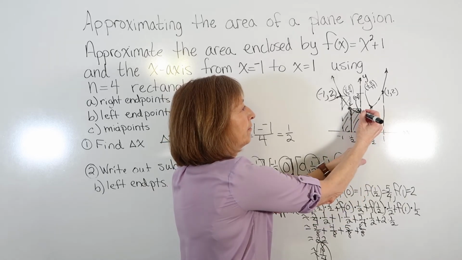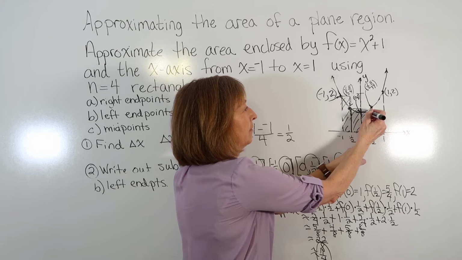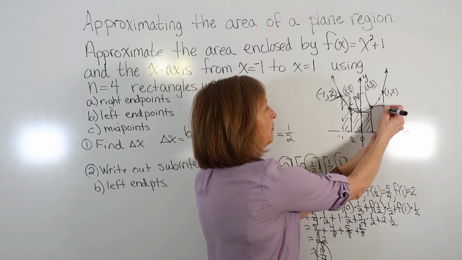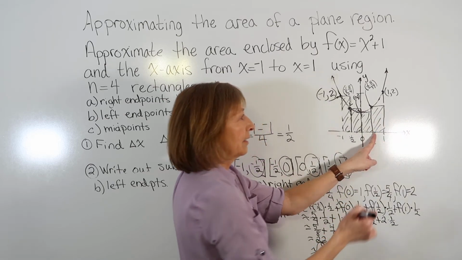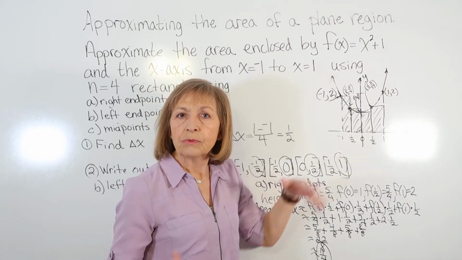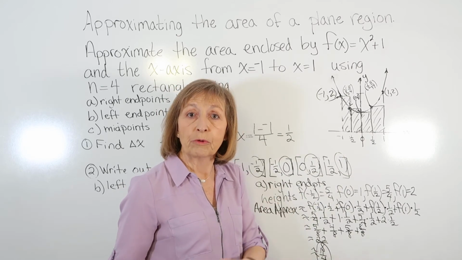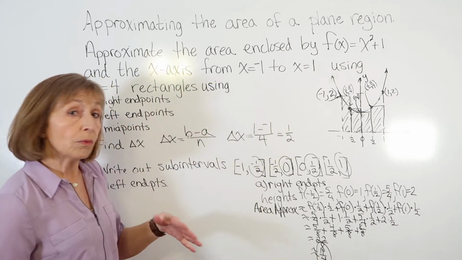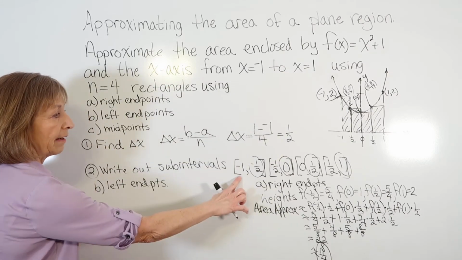Left endpoint is 0, followed up to the curve, over and down. Left endpoint up to the curve, follow it over and down. So that's the picture you would draw if someone asked you to draw an illustration of approximating the area using the left endpoints. So how can we do it with our intervals that are set up?